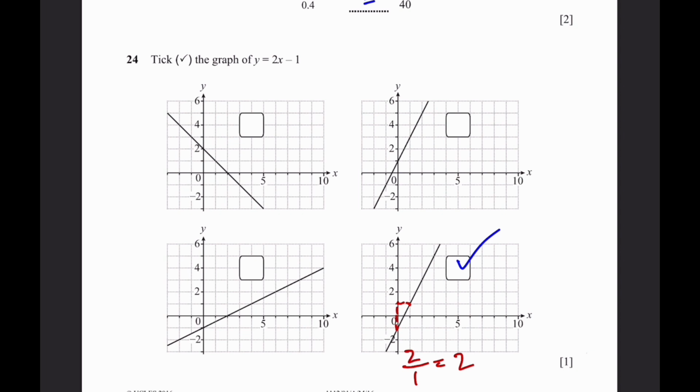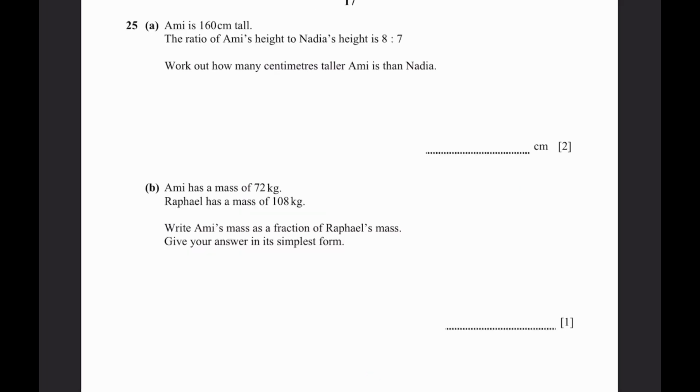And that's what we have in the line. 2x minus 1 means a gradient of 2 and a y-intercept of negative 1. What do we mean by y-intercept? The point where the line intersects the y-axis. Right here, that point is (0, negative 1). So the gradient is 2 and the y-intercept is negative 1. Therefore, that's the answer.